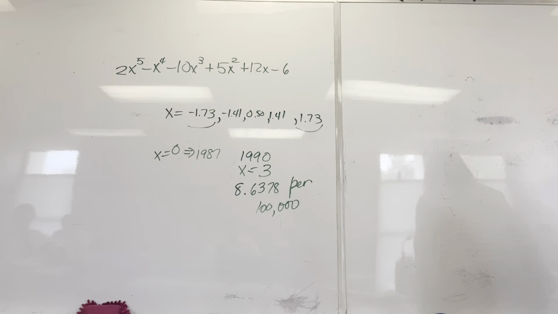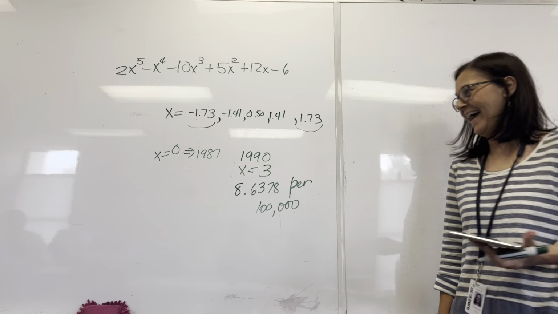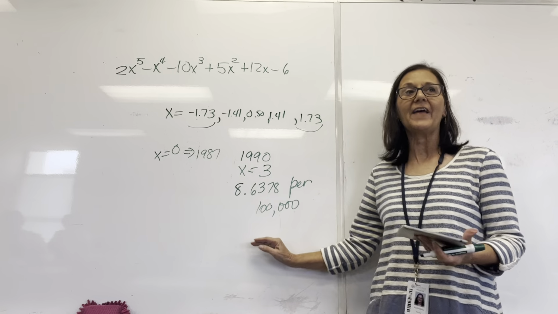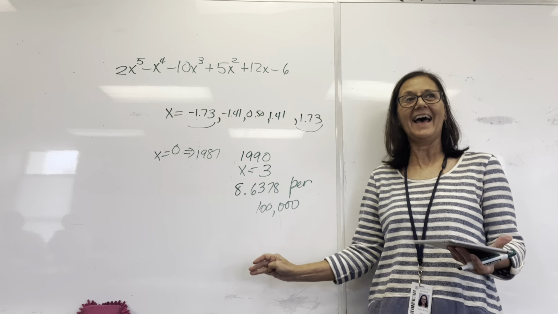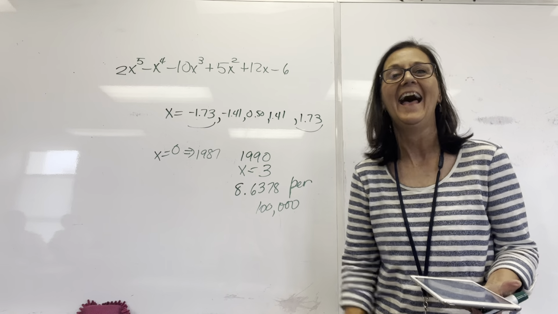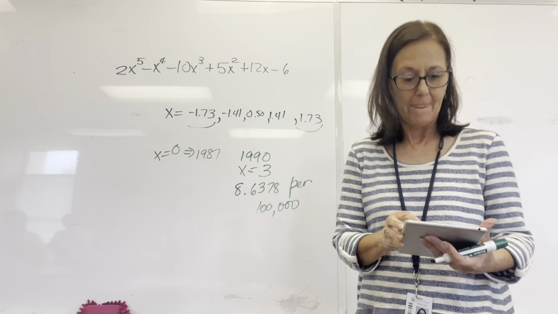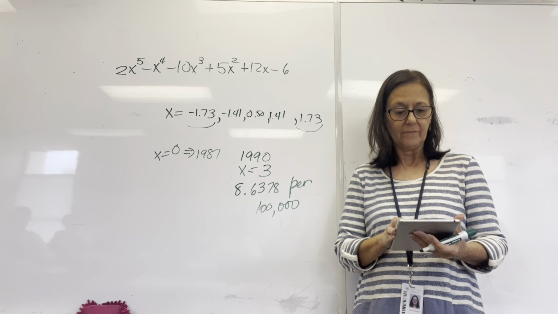Oh, it was 8,600. No, I was like, 8,000 people being murdered. One of us is getting murdered. It's 8 out of 100,000. Huge clickbait.